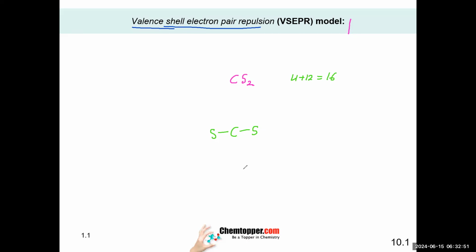But remember, carbon can make maximum how many bonds? Now you have to focus on carbon also, side by side. Carbon can make how many bonds? Check how many valence electrons carbon has, and all these valence electrons can be excited. Carbon is 1s2, 2s2, 2p2.